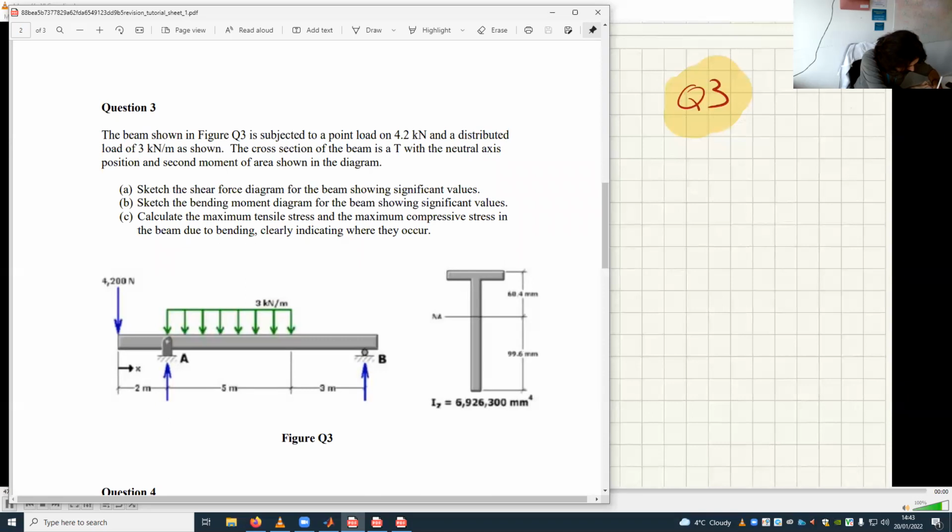in A. Then 5 meters away ends the distributed load. And 3 meters away, there's the end of the beam with the other pin, B. And so I have the force, 4.2 kilonewton force.